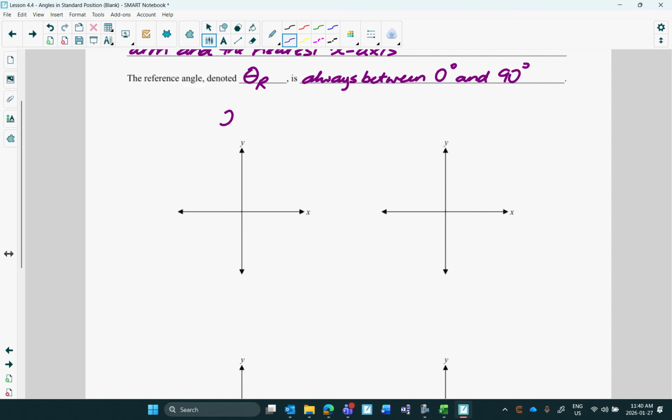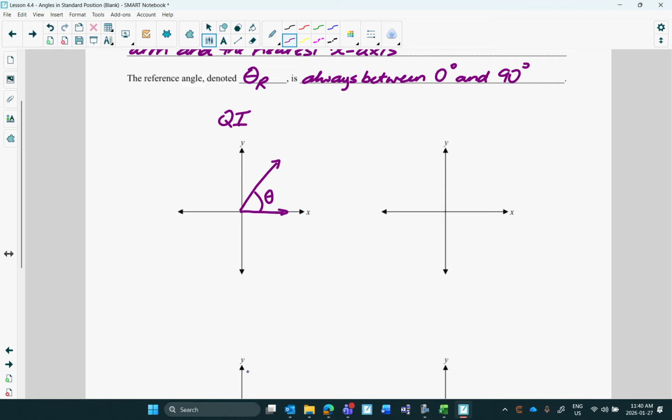Okay. So let's look at, because we measured angles in quadrants 1, 2, 3, and 4, let's see how we find the reference angles in each quadrant. So here, I'm going to draw an angle in standard position that's in quadrant 1, so any angle between 0 and 90 degrees. Okay.